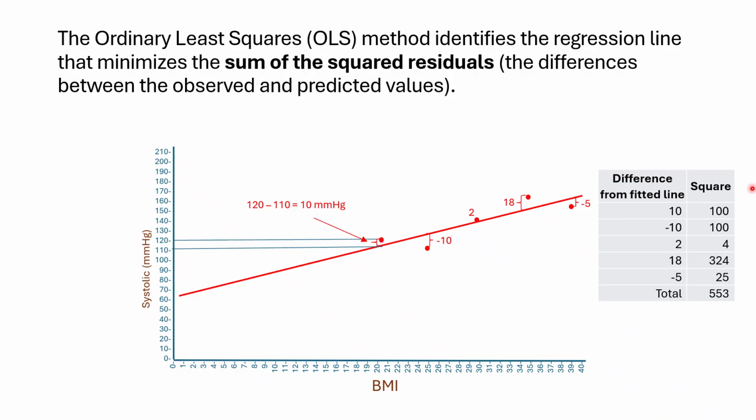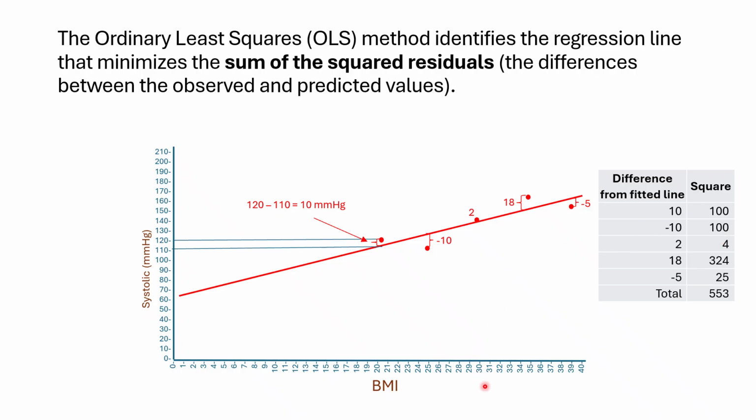So we put our difference here 10, and the squared difference is 100. For the BMI of 25, we see that the observed systolic blood pressure was in fact 10 millimeters below that of the predicted systolic blood pressure, which was in fact probably close to 130 or so, but the observed was much lower. So the difference is 10. So we square it, minus 10 gets 100.